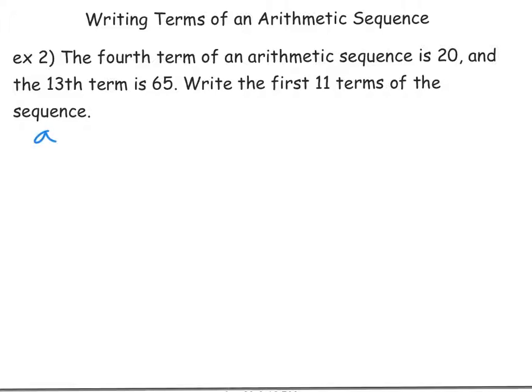The problem tells us that for this particular sequence, we know 2 things. We know that the 4th term is 20, and we know that the 13th term is 65. Those 2 terms aren't in a row, and neither one is the first. Okay, here's how we'd handle this case.